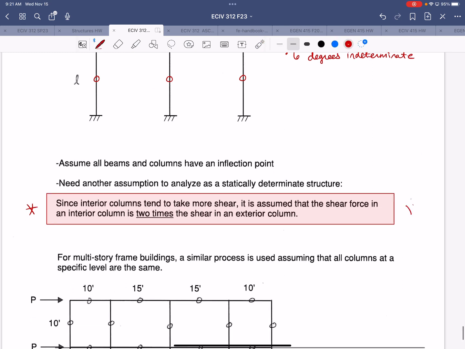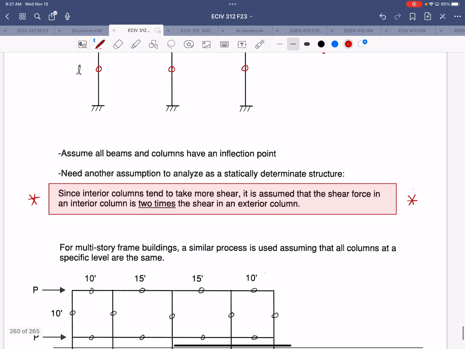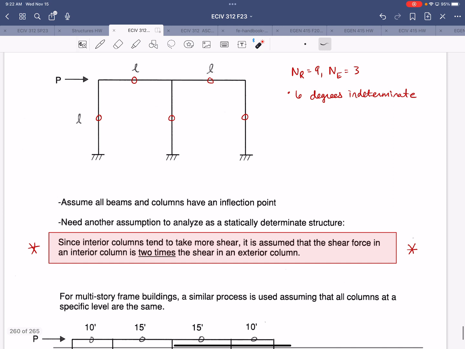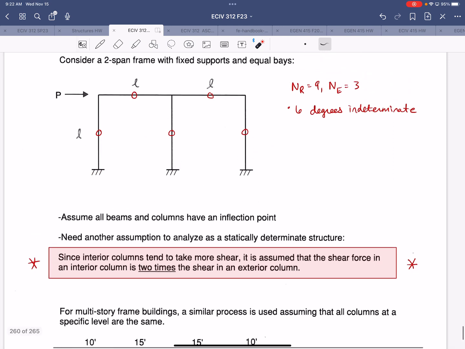So that is our 6th assumption, and that is all we need in order to render this frame determinate. And that will hold true no matter how many stories or how many bays you have, even if all of the columns are fixed at the base. You will always be able to get the right number of assumptions based on 1 hinge per member and this assumption right here.